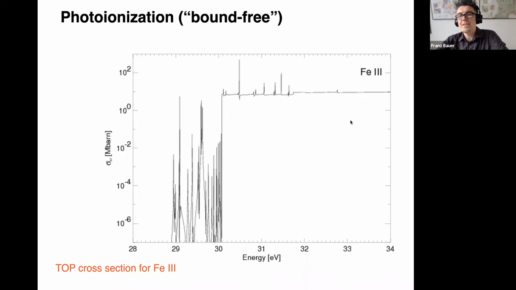They've irradiated Fe3, the doubly ionized iron, and you can see now you have a flat section here, and then a falloff related to the ionization potential. But there's still some possibility of ionizing it even for photons which have a little bit less energy. This is due to the fact that this is a very complex atom.